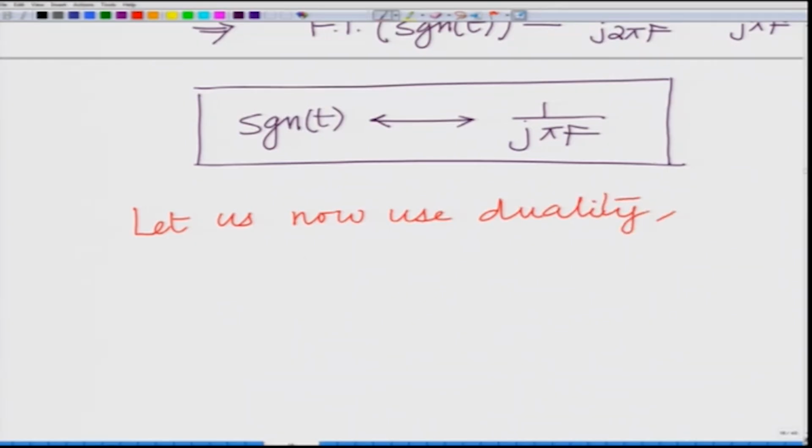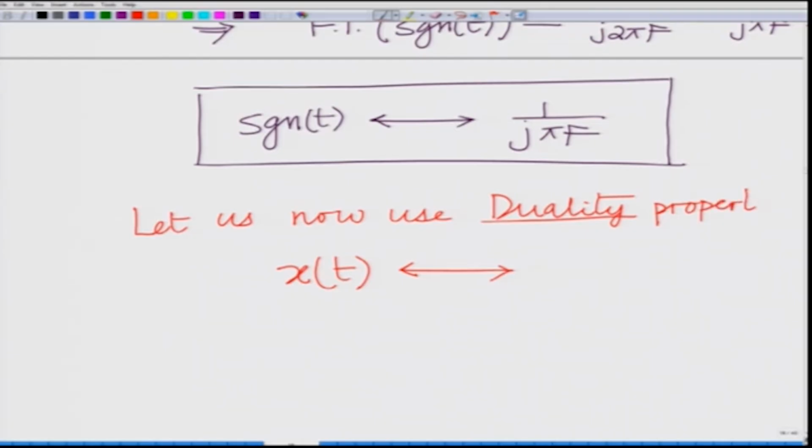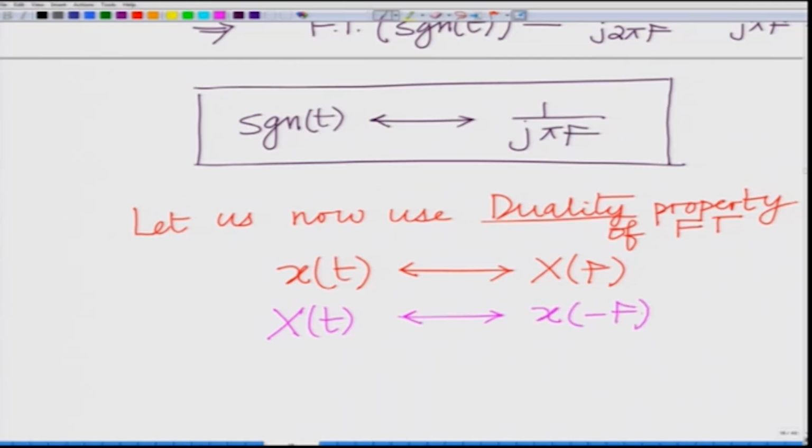Remember, duality says, the duality property of the Fourier transform states that if x t has Fourier transform x f, then x f has Fourier transform x of minus t.